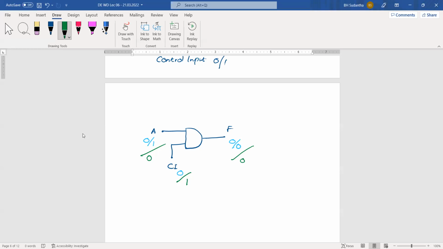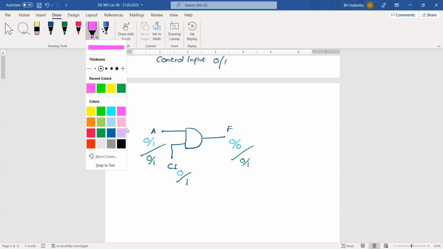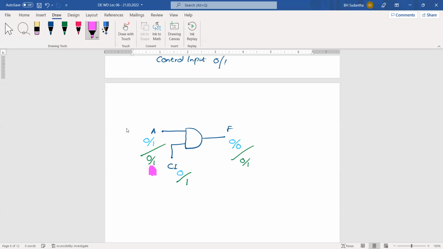And still control input is 1. Now, value A is 1. Then output is 1. Now, you can see that when control input is 1, whatever the value we have given to A is coming to the output.